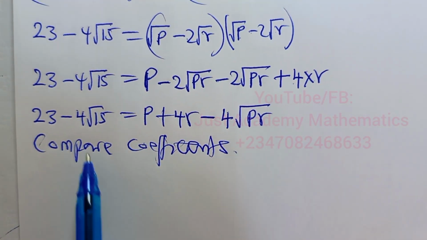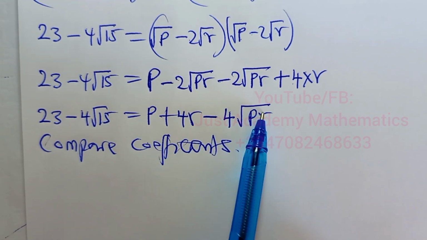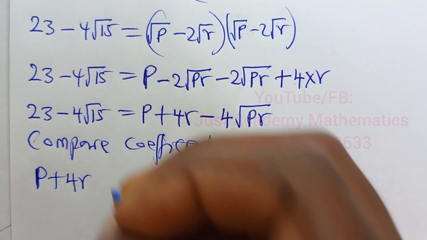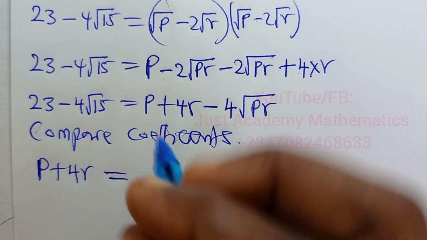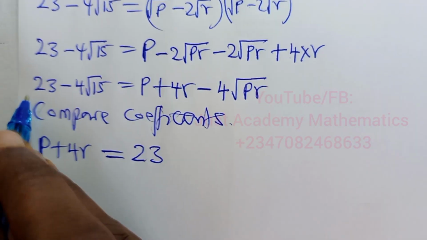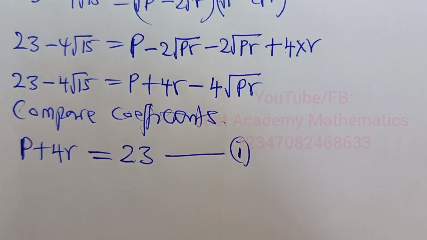Comparing coefficients means P plus 4R, which has no root attached to it, is equal to 23, which does not have a root attached to it. That is equation 1. That is how to compare coefficients.